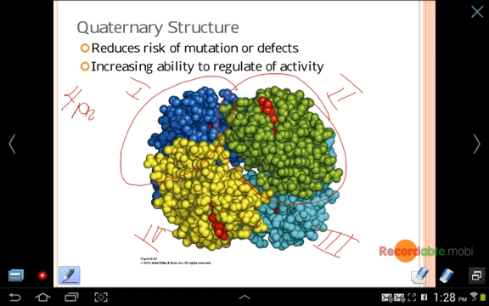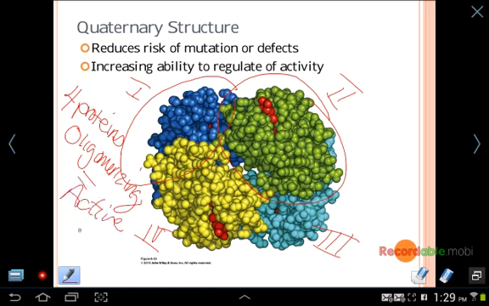So 4 separate proteins or peptides oligomerizing to form one active unit. Okay, this occurs in hemoglobin, which is one good example.